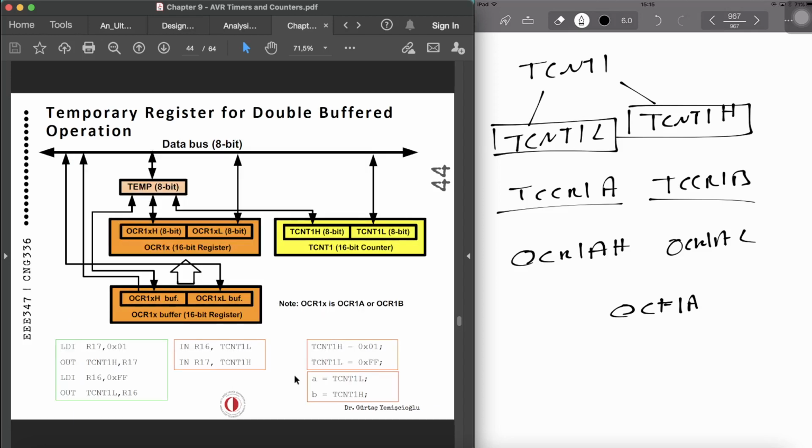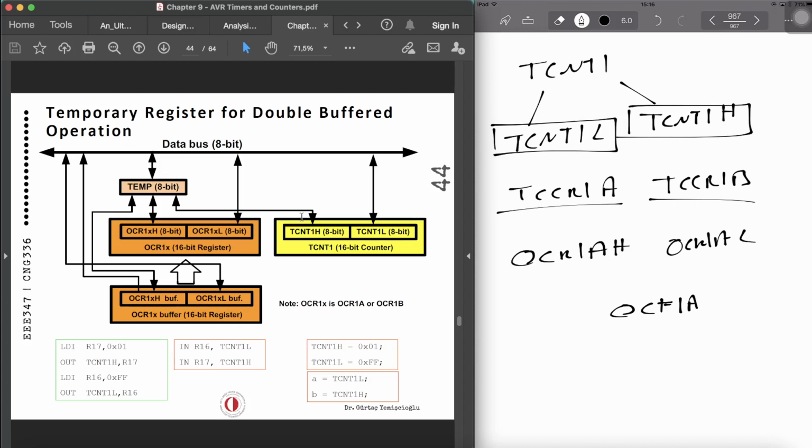The temporary register for double buffered operation can be demonstrated with this figure as well. When we do LDI R17, hex 01, this is the data bus, okay? As we are writing 01 to TCNT1H, you can see that the data bus can directly access TCNT1L.